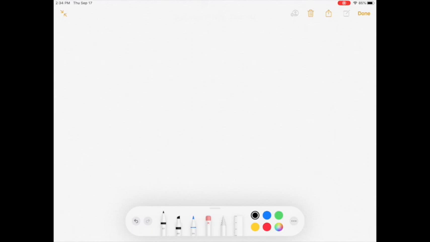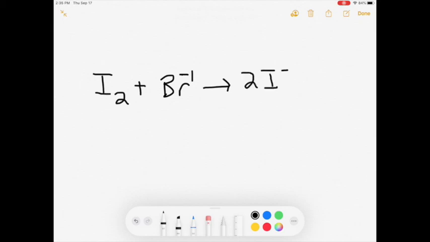Okay, so we have iodine plus bromine, the -1, going to iodine with a negative plus bromine.